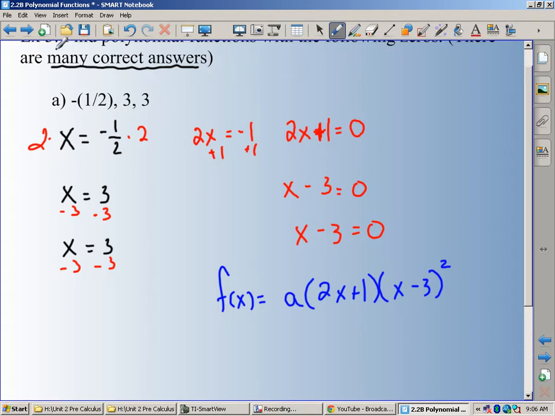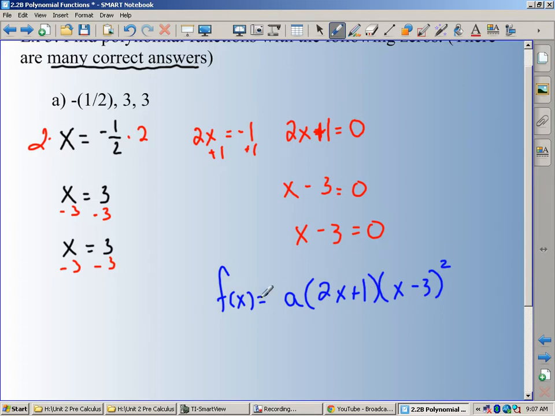That a could be any number, it could be stretched, it could be compressed, all kinds of different things. So really this a is just kind of window dressing. It's just going to sit there with the problem, and we're not going to do much with it. It's just going to stay there in case we get an ordered pair that we could plug in and find what the actual stretch or compression is.